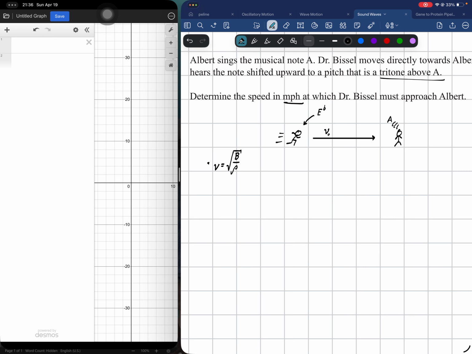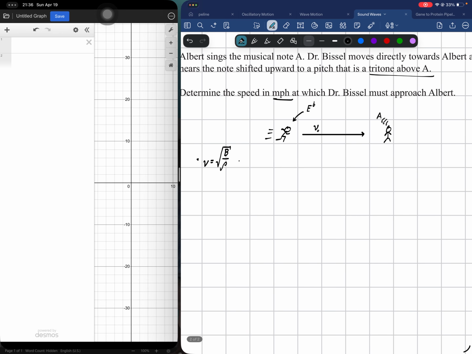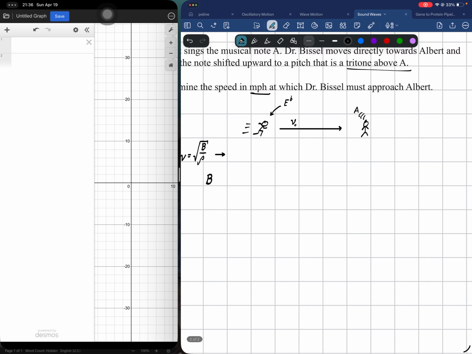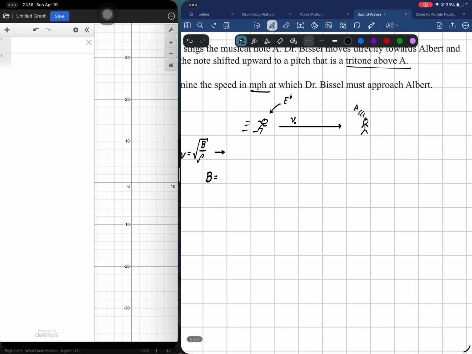Essentially, to have any mechanical wave propagate, we need a medium. For sound, that's just going to be air. And for air, that's rather easy because we can say that this bulk modulus is approximately equal to the ratio of specific heats for air, which is 1.4. Just remember that.